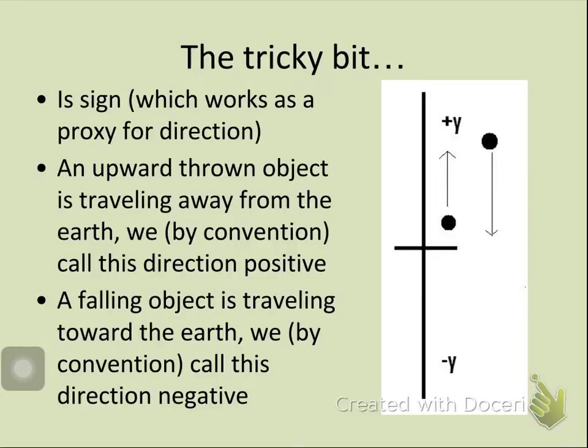Here's the thing that we have to be really careful with. Sign in these problems stands as a proxy for direction. We've kind of already talked about this, but we're talking primarily thus far about problems where we say, well, this is our arbitrary zero mark, and that direction's positive, and that direction's negative. That's what we've been doing, sort of using that imposed Cartesian coordinate system.